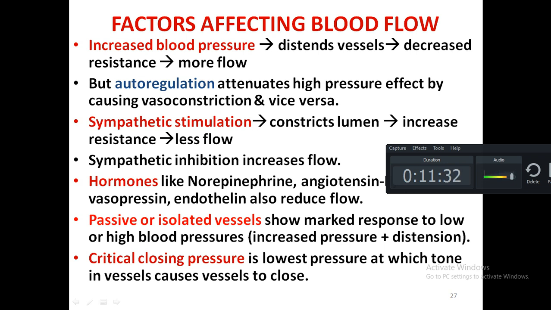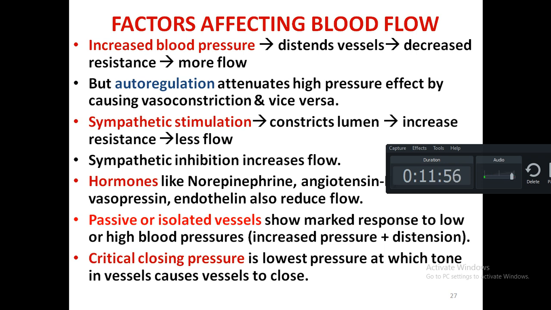But what happens is that the autoregulatory mechanisms operating in the peripheral tissues will attenuate this high pressure, because this high pressure will increase the blood flow, and this high blood flow is not required in the tissues. So then there will be vasoconstriction, and this vasoconstriction will reduce the blood flow to that particular tissue.